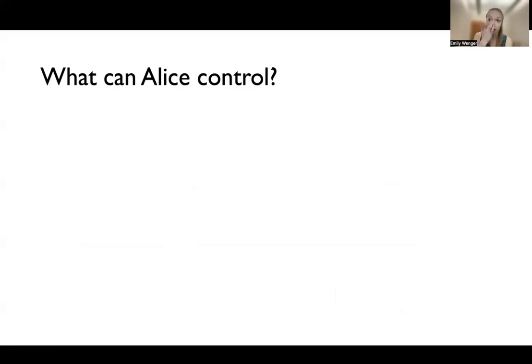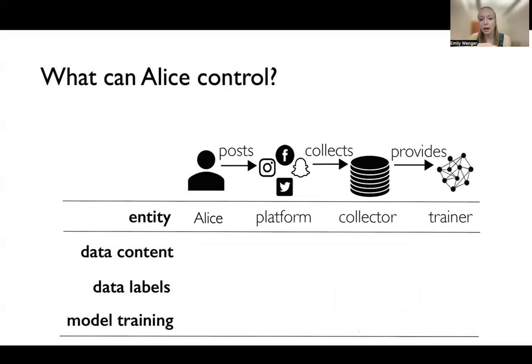To understand the setup and possibilities for data isotopes, let's first make sure we understand what Alice can control in this scenario. At the top here, we have the flow of information in a data collection pipeline. We have Alice, who posts information to a platform. And at some point in time, a collector comes along and collects the data, images in our scenario, from that platform and gives them to the model trainer.